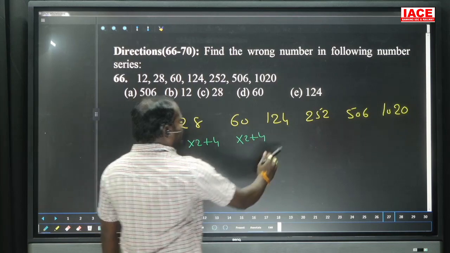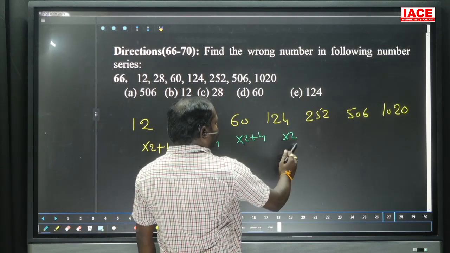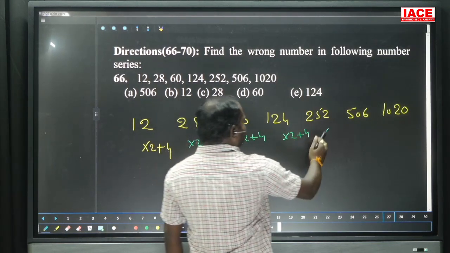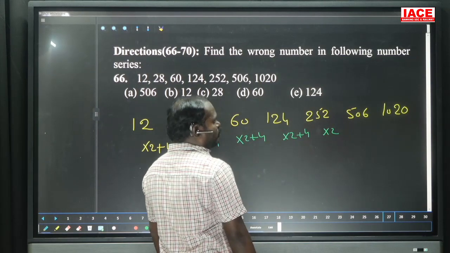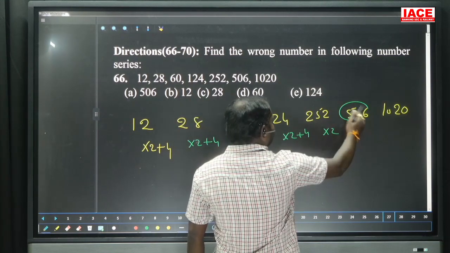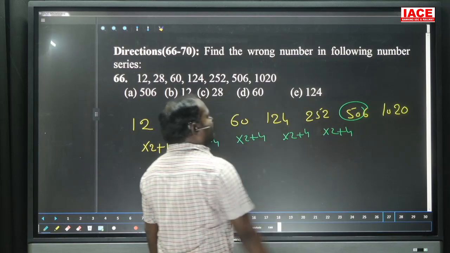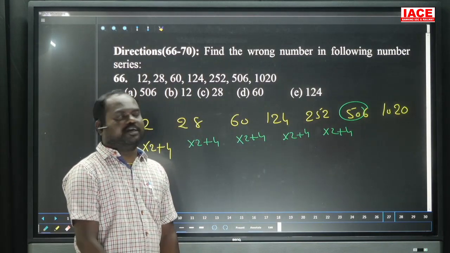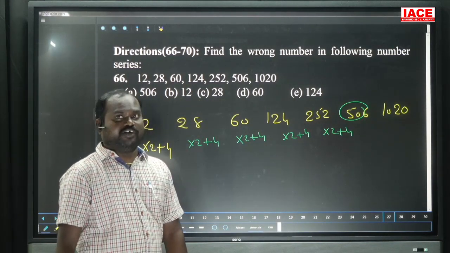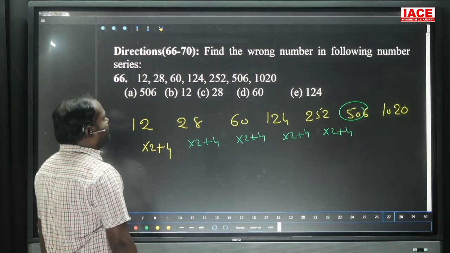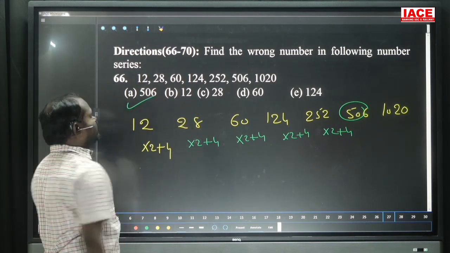Here also 124 into 2 is 248 plus 4. Here also 252 into 2 is 504 plus 4, nothing but 508, but 506 is there, so obviously 506 is the wrong number.